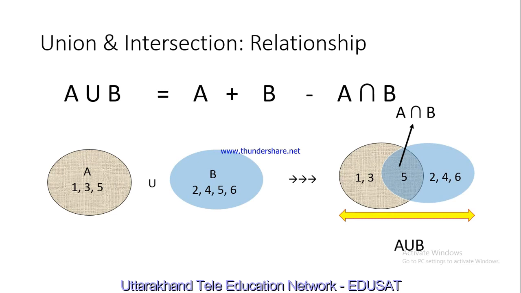We were subtracting A intersection B because it was getting accounted for twice when we added up A plus B. So we had to reduce the extra intersection B that was getting counted twice, and that is why A union B is equal to A plus B minus A intersection B.